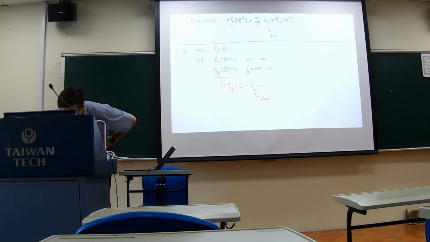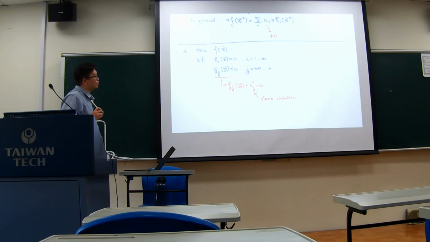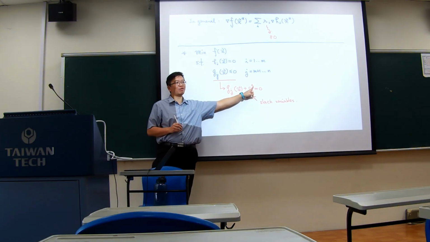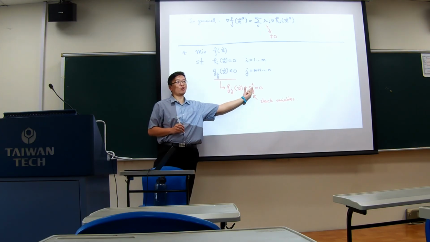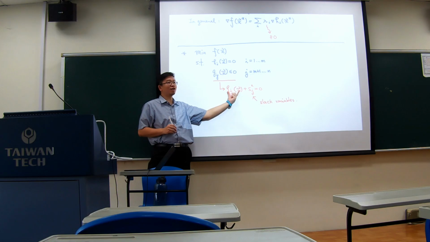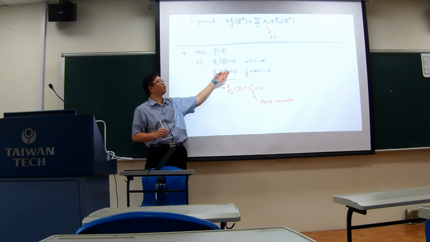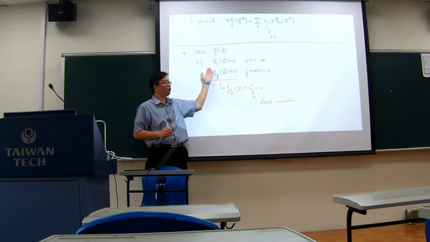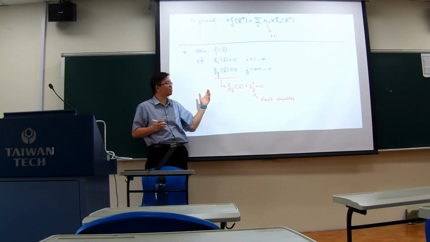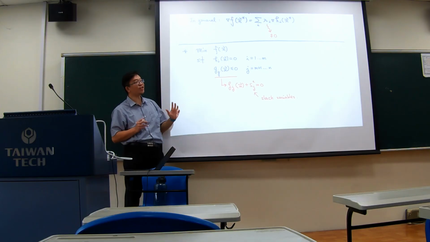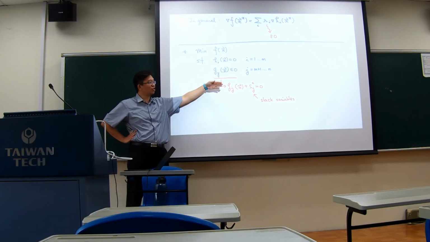S are slack variables. And just to make sure this portion is positive, I put a square sign right here. So this part is always positive. Then this part would be either negative or 0. So this new equation will be equivalent to the original. The only bad thing about this is that you will have new variables, the slack variables. But the good thing is you convert inequality to equality.